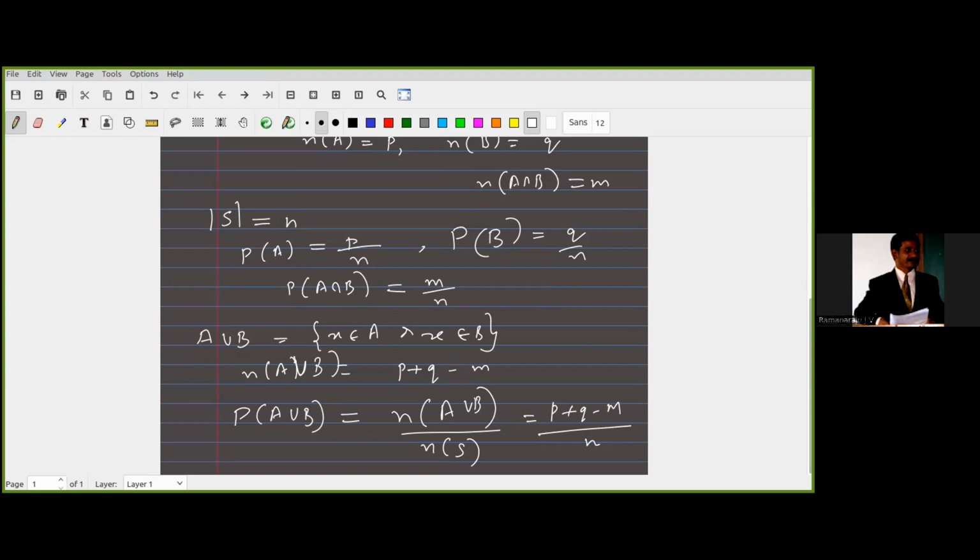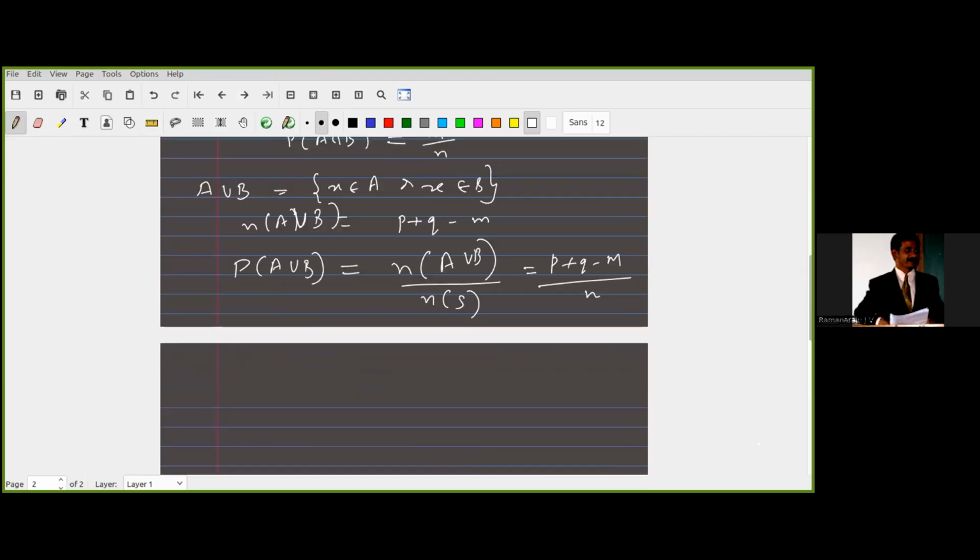So maybe this is confusing, I'm using the same N for both, so I'll color it in a different way. This yellow N is the number of elements in this, and this white N is the sample space elements. So P of A union B will be equal to P by N plus Q by N minus M by N.